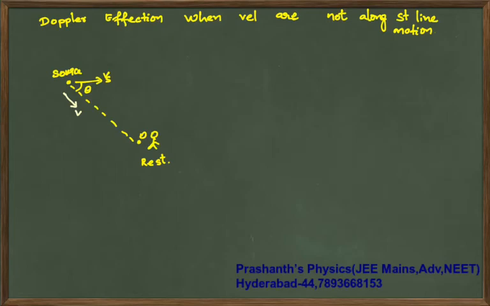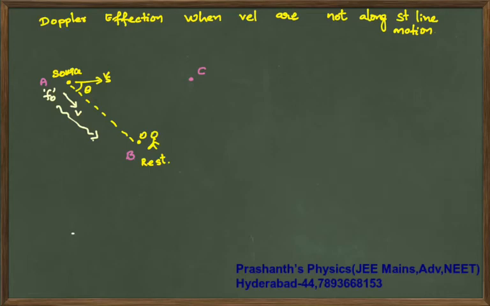Now if the source produces frequency of f naught, by the time the source keeps sending waves, by the time sound wave reaches from point, let us say this is some A and this as some B, this is some other point C, it need not be in straight line, it can be somewhere here, it doesn't matter. So depending upon the value of velocity of source, it can take different positions.